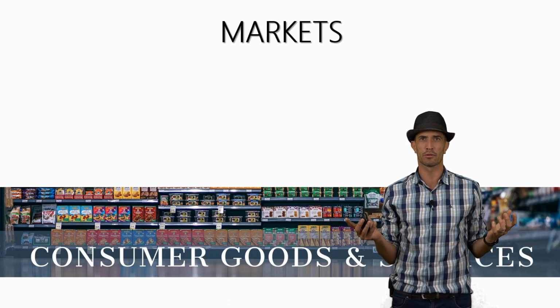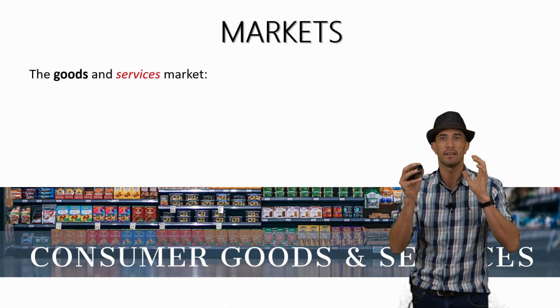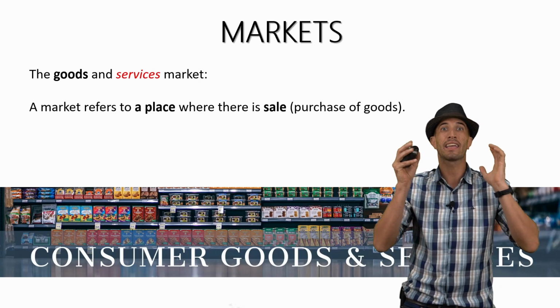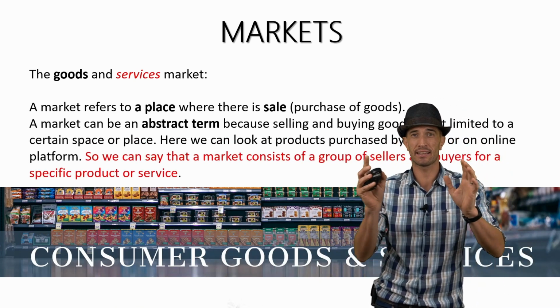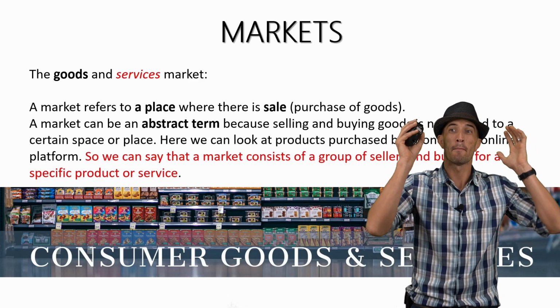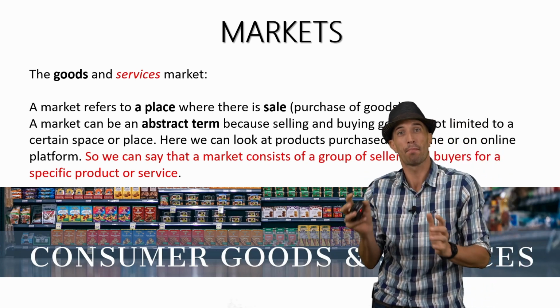Otherwise, how will I be able to buy a product? So in a market, there must be products available and there must be a place where I can go and buy it. A market can be an abstract place, it can be a physical place, but there must be buyers and sellers, with buyers that have a need and sellers supplying the product.